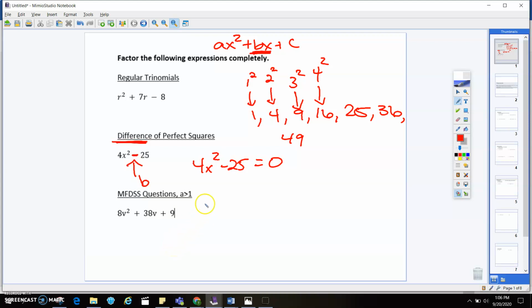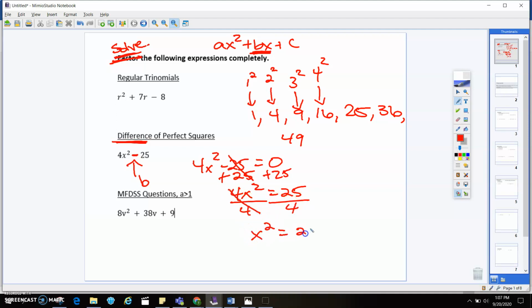Okay, and so what I mean by that is, let's say for instance it didn't say just factor, it actually said solve the following expressions completely. We would add 25 to the other side. We would get 4x squared equals 25. We would divide both sides by 4. We'd get x squared equals 25 over 4. And then we would take the square root of both sides.